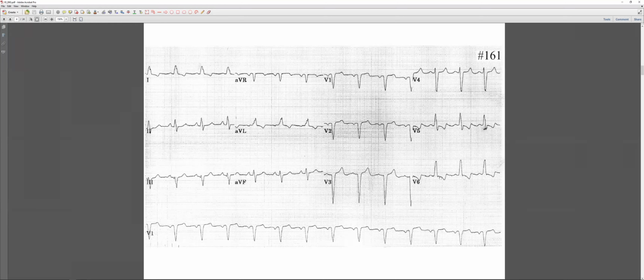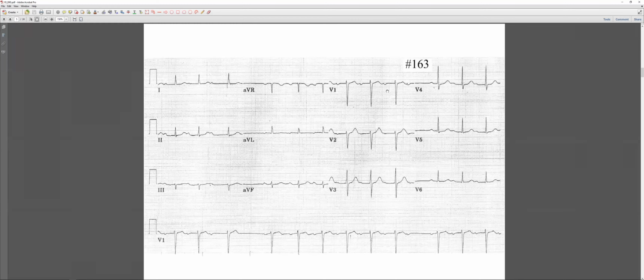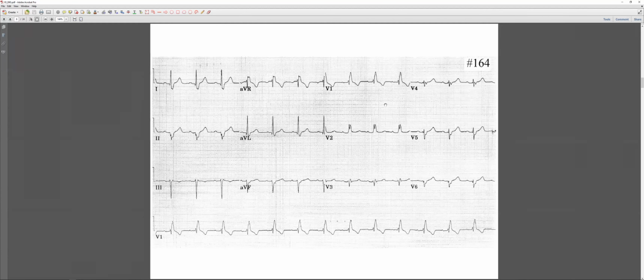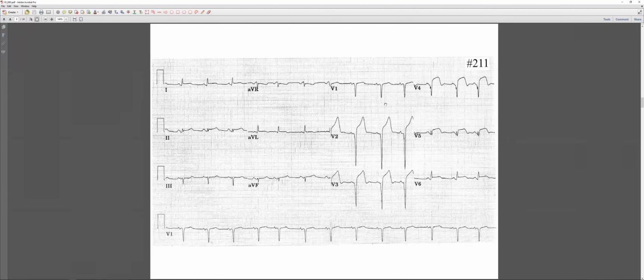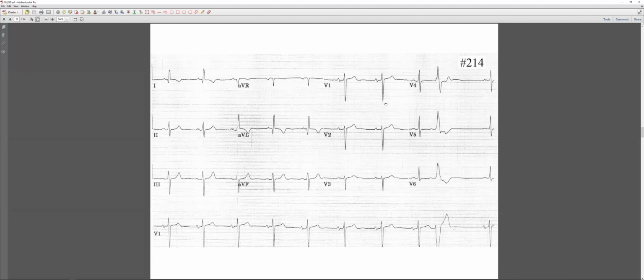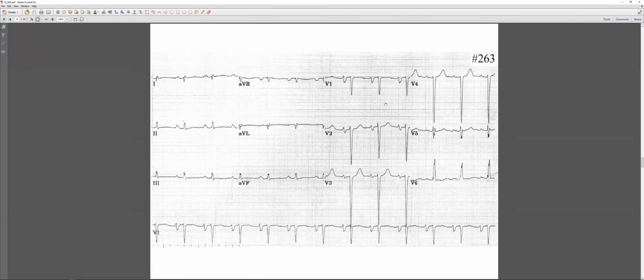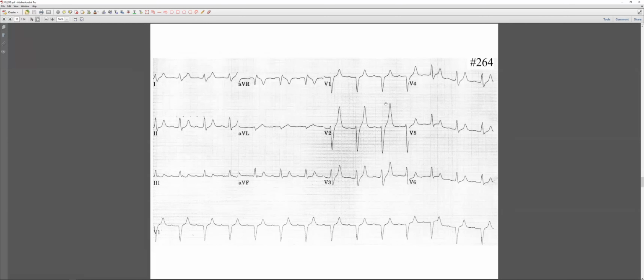And this ST depression here can be secondary due to the left bundle branch block. Ventricular strain phenomenon is the ST depression that has a very characteristic sign. I'm looking at whether I have a strain phenomenon or not, but I cannot see it here.